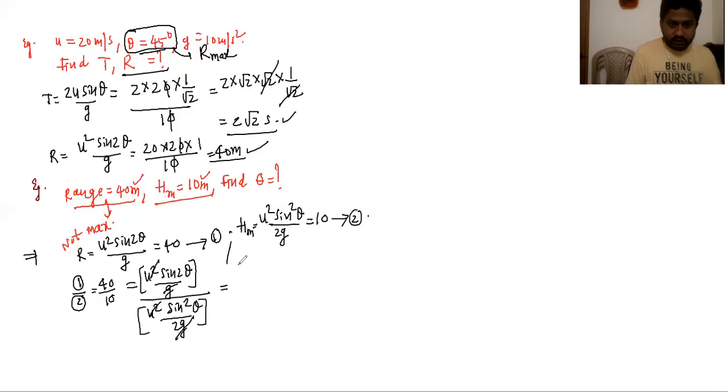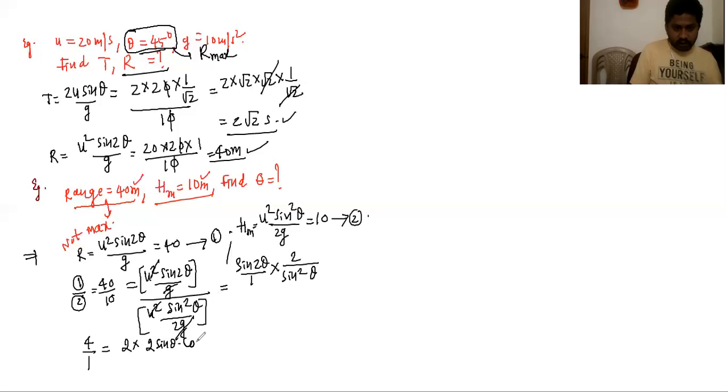So in the numerator it is sine 2 theta by 1 into, when the denominator is taken to the other side, it will be 2 by sine square theta. Okay, so here what I can write, 4 by 1 is equal to, what is numerator? 2 into sine 2 theta, 2 sine theta cos theta divided by sine square theta, which is sine theta into sine theta.